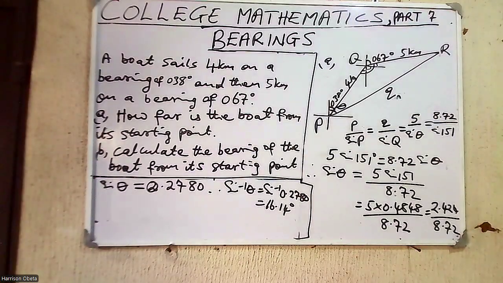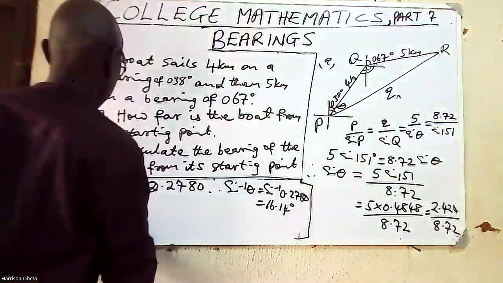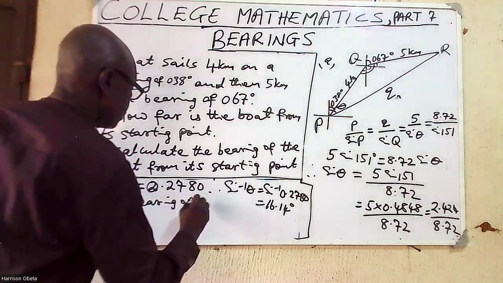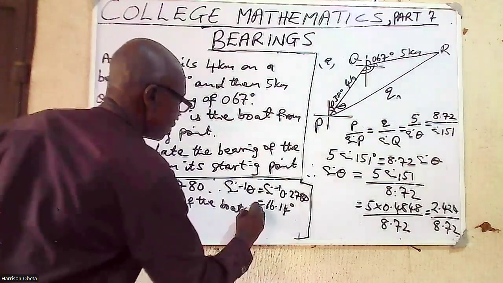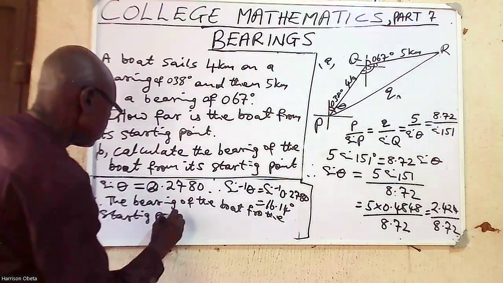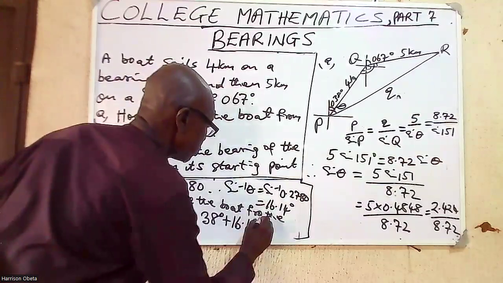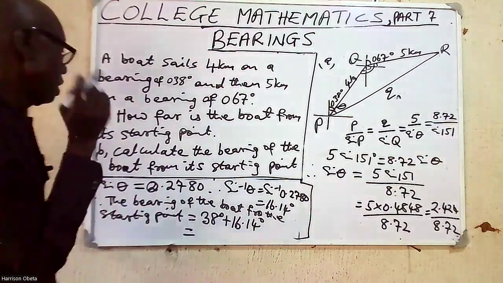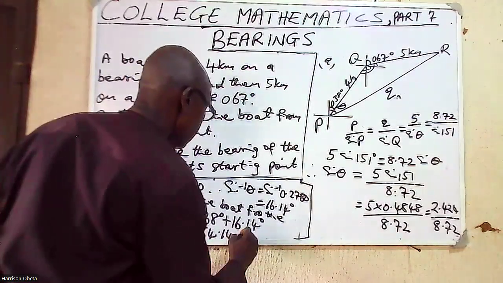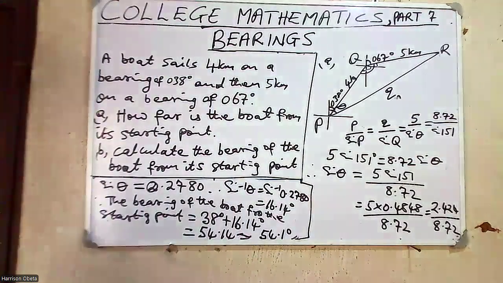But as I said earlier, we want the bearing of R from P. Therefore, the bearing of the boat from the starting point should be equal to 38 degrees plus 16.14 degrees, and that will give us 54.14 degrees, approximately 54.1 degrees.